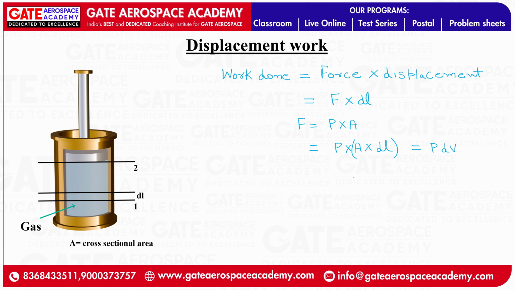We have to integrate it from state 1 to state 2. So this will be the integral of P dV from 1 to 2. This will be the expression for displacement work done, right?